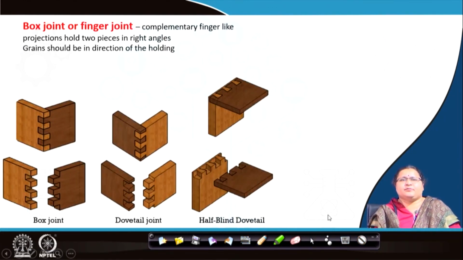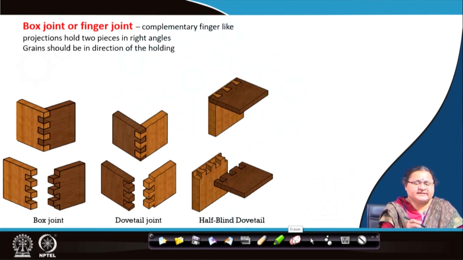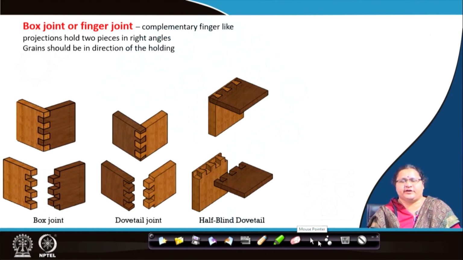These are some more joints which you can use for wood as well as, as I told you, wood like materials. We will come to engineered wood just after this lecture. So, we see box joints or finger joints.